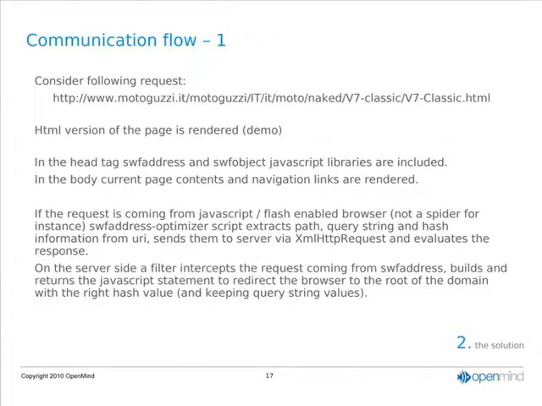In this HTML, we have the head tag with the SWF address and SWF object JavaScript libraries, and the body that renders the current page content and navigation links. What does it mean? This means that if this page is accessed by a spider, for example a search engine spider, it can read the content of the page and index it.